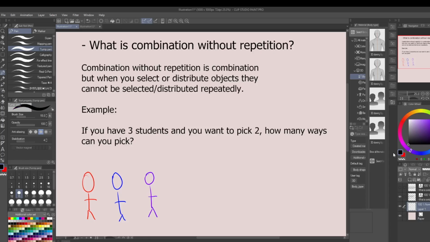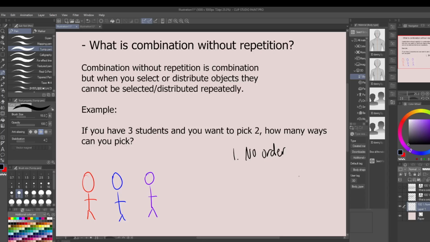So first, we can identify whether this is a combination problem or not. Since the question states that you do not have to have an order to picking these students, we can identify that there is no order needed here, which makes it a combination problem. And the next step is to identify whether there is no repetition or not.